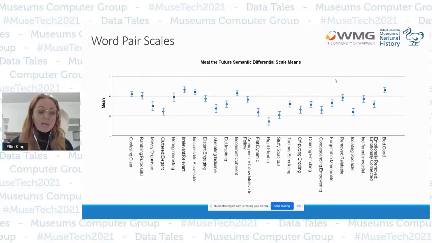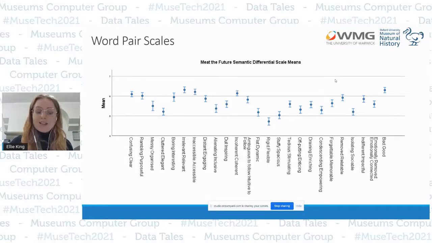Here we're picking out it being interesting, relevant, and accessible to people, but slightly less so on the enriching, enticing, stimulating qualities, which are more about the experience of the visitor.